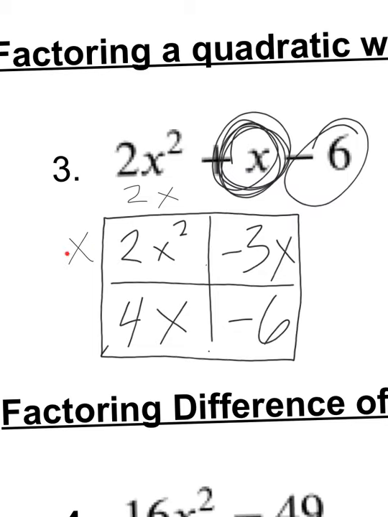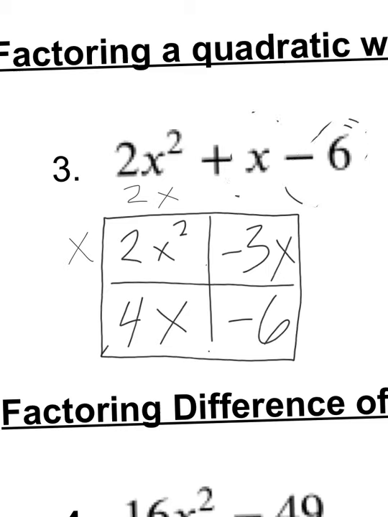Now I'm going to decide to go x times what gives us negative 3x. Remember, I just got to get these two blanks. I can go in any order I want. So now I am going to do the top blank by going x times what to get negative 3x. That would be negative 3, because negative 3 times x gives us negative 3x.